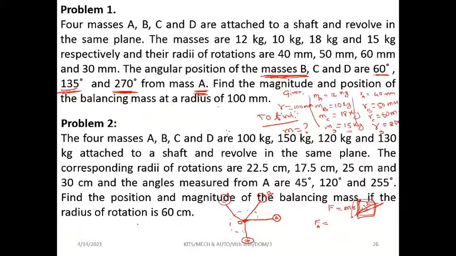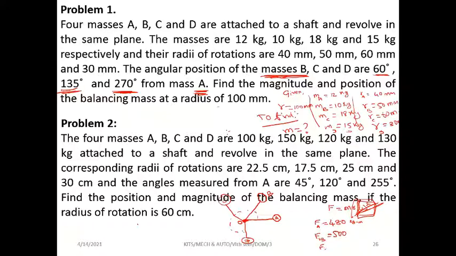So 12 into 40, 480. Next, let us take FB. What is the mass value? 10 kg. What is the length value? 50 mm. R value is 50. So 50 into 10, 500.